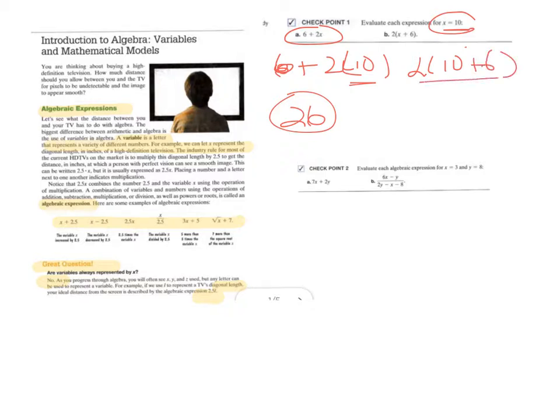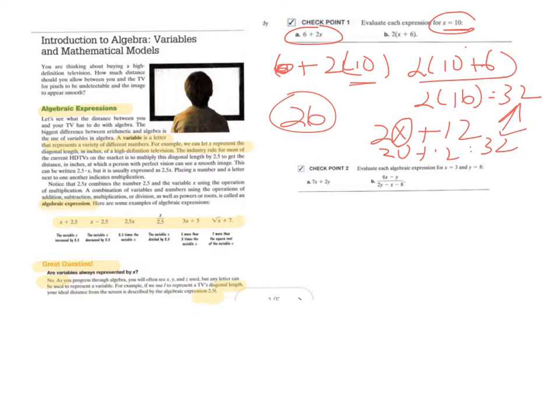And if we do this math with parentheses first, we get 2 times 16, which equals 32. Now if you do it distributive-wise, we have 2x plus 12, that's distributing, and replacing the x with the 10, we get 20 plus 12, and we get the same answer.